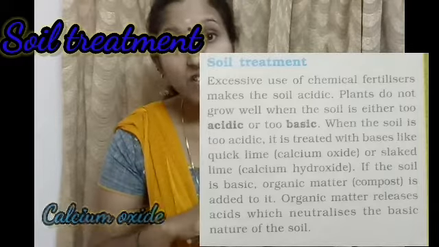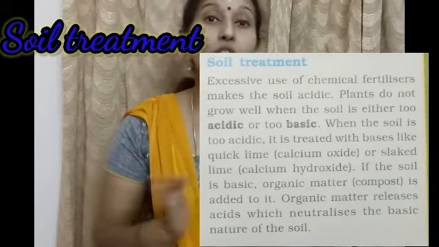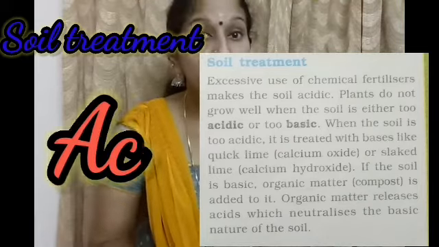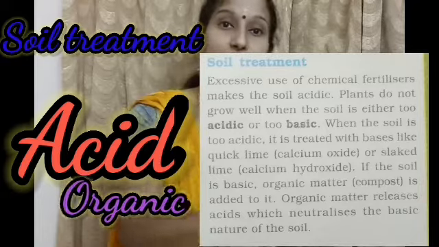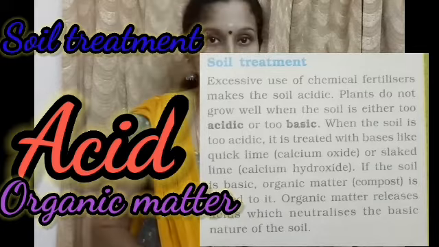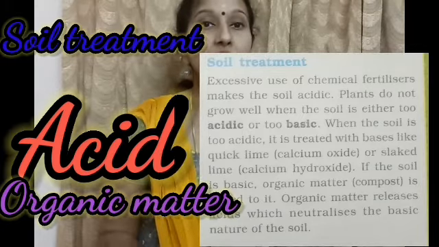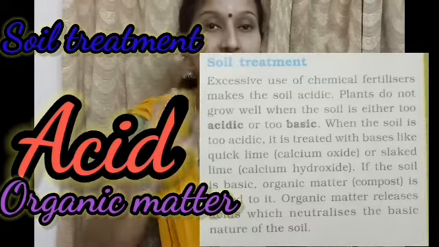If the soil is too basic, you have to use organic matter which releases acids. If it is too acidic, use a base. If it is too basic, use an acid. So in both cases, you can clearly see a neutralization reaction.